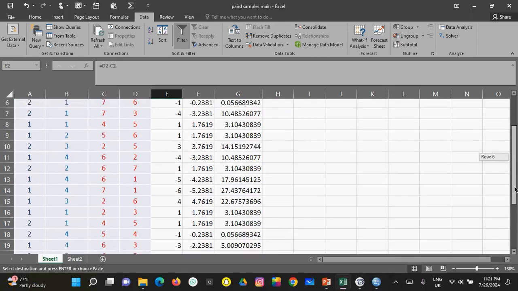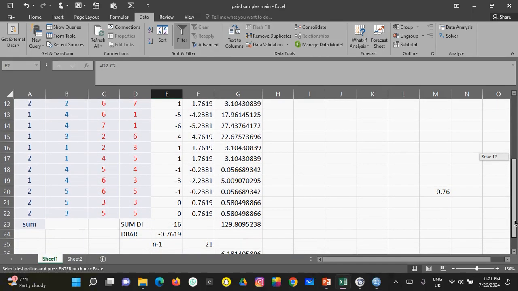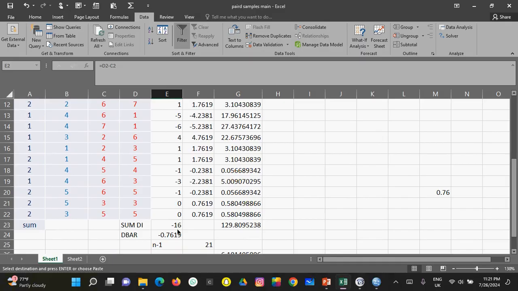The summation of di divided by the sample size is going to give us d bar. Let me write this.